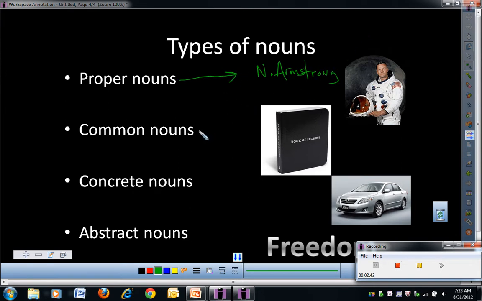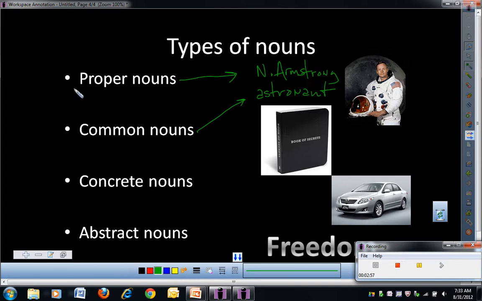Now, if we were talking about a common noun for Neil Armstrong, we would say the word astronaut, because common nouns name less specific things. There'd be lots of people who could be astronauts. Only one or two people are named Neil Armstrong.